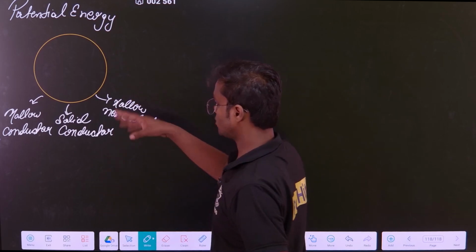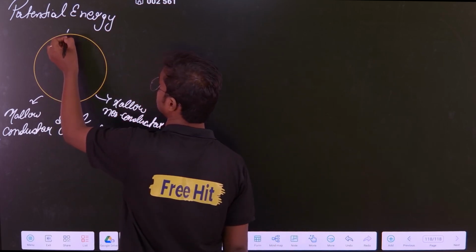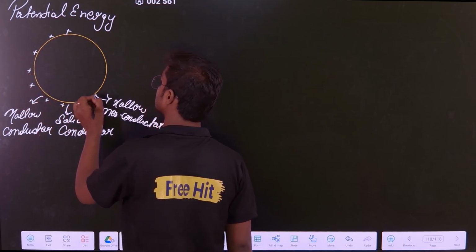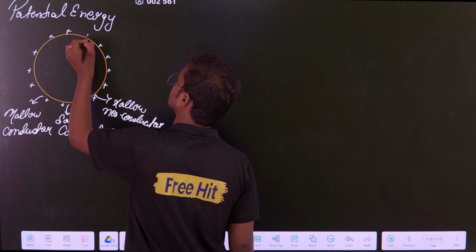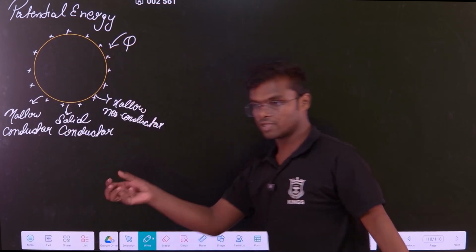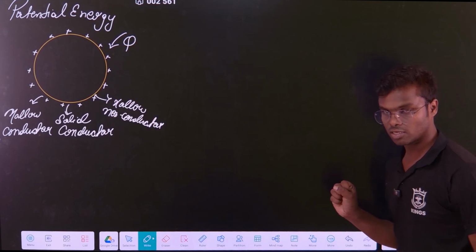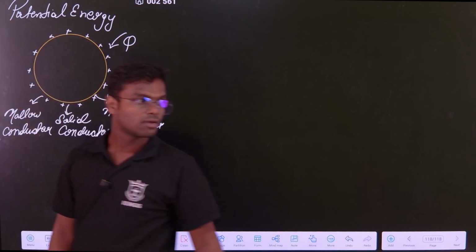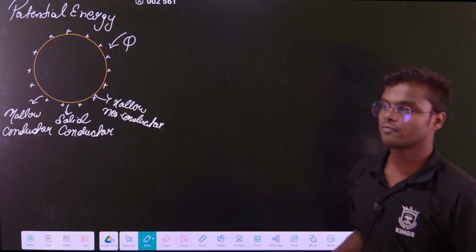So if you are taking these three things, obviously where will be the charge? The charge will again be on the surface. That is correct. So basically how has this charge been brought here?